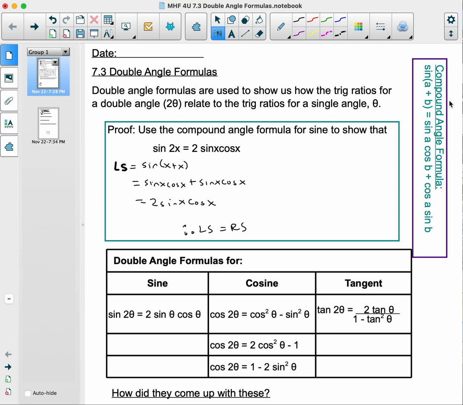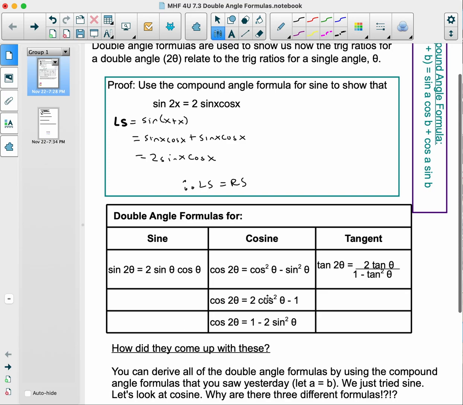So we're talking about what happens when A equals B. Okay, so your double angle formula for sine is the one that is above, and that's the only one that there is. For cosine, it looks like there are three. Well, there are three different ways to write the same thing, but again, don't try to remember too many things. And then for tan, I wouldn't worry too much about it. I just don't use tan ever.